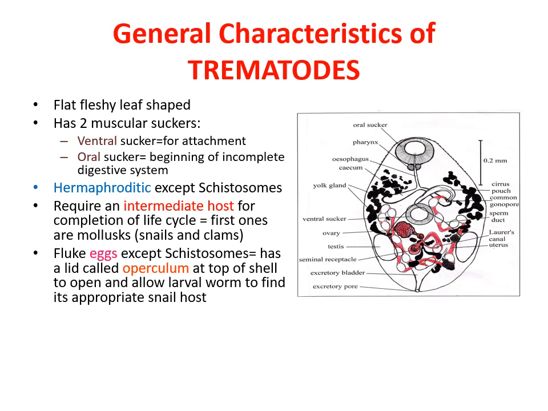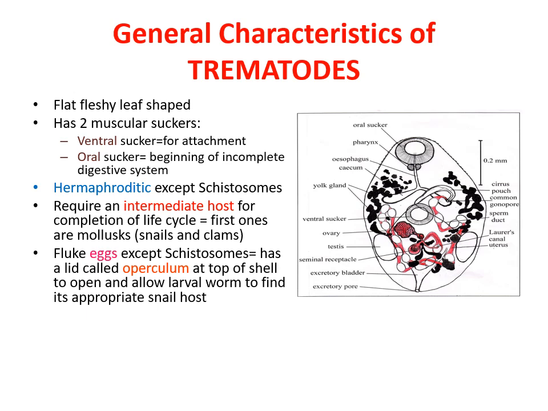If we talk about the general characteristics of their eggs, they have an operculum, which is a lid present at the anterior part of the egg that opens to liberate the larval stage. The only exception is schistosomes, where the egg hatches randomly and is not operculated.